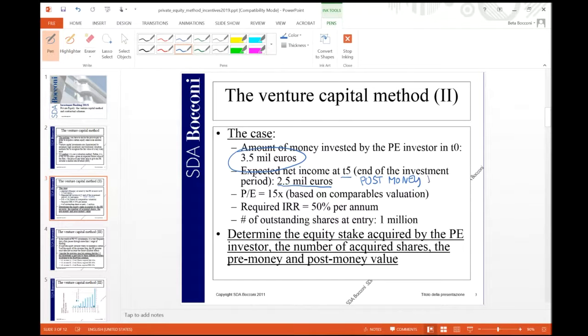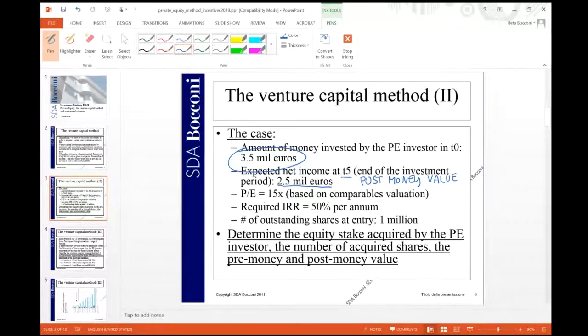What is post-money value? This means that the assumptions we are making refer to a business plan that is already taking into account the injection of 3.5 million euros of equity capital in the company today. Put differently, thanks to this 3.5 million euros, the company will be able to generate 2.5 million euros of net income in 5 years' time.